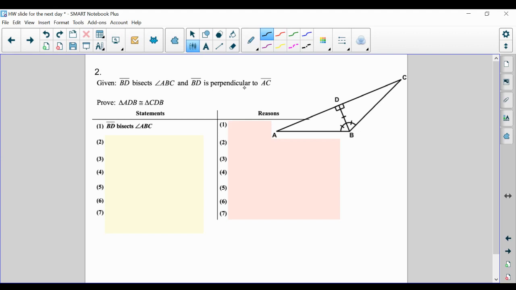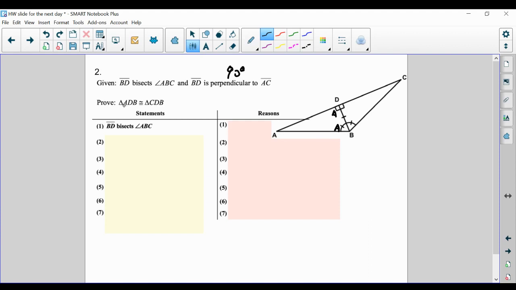And BD is perpendicular, which is 90 degrees, a right angle. So this angle is 90 degrees. So now we have two angles. And I also labeled it for you: BD is congruent with BD because the two triangles are sharing the same side.